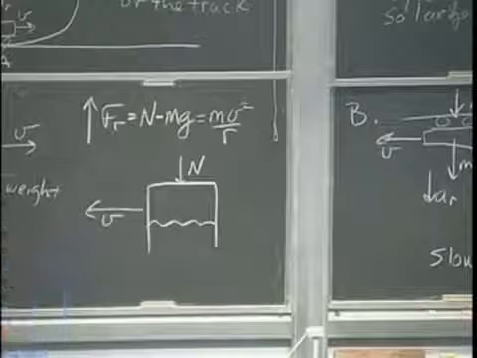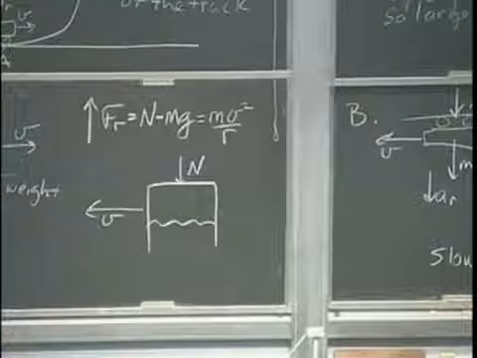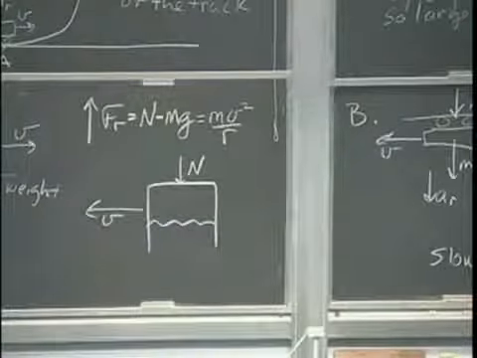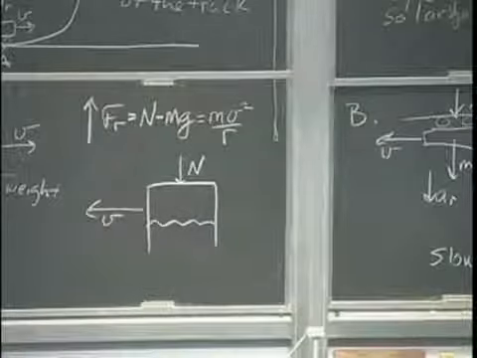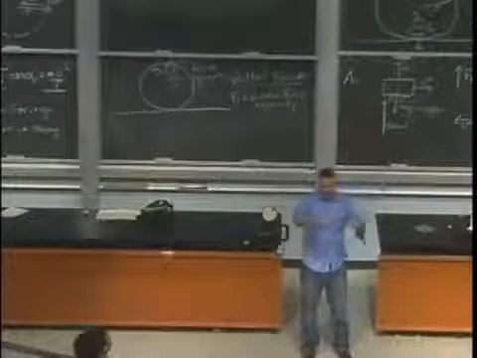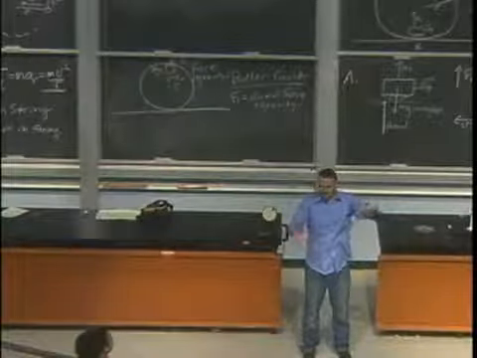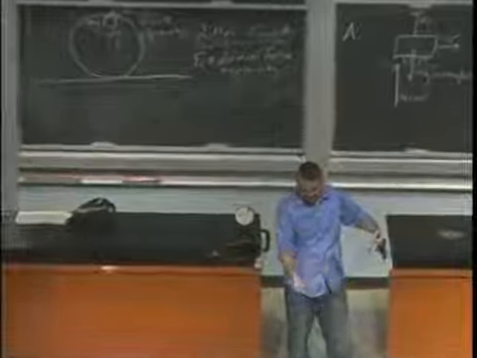So let's do 2 more examples of that. This is my cowboy experiment. This is just a chain. It's supposed to be like a lasso, but this is a chain. Let me straighten this up a little bit.